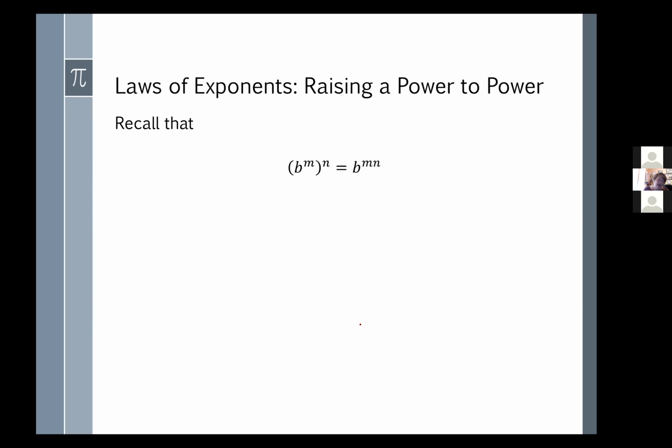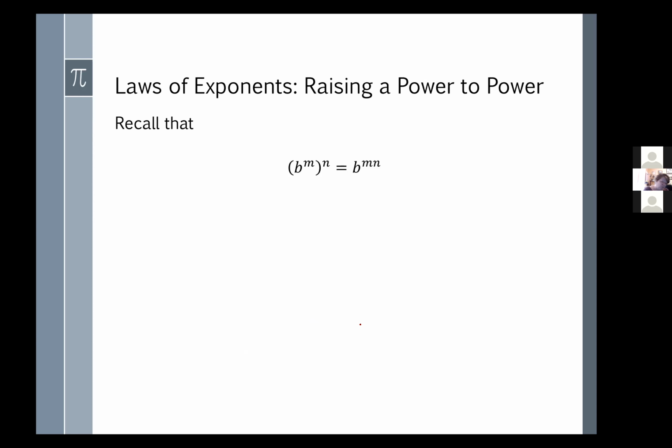When you raise a power to a power, you can do that by multiplying the exponents. So b to the m raised to the n power is b to the m times n.